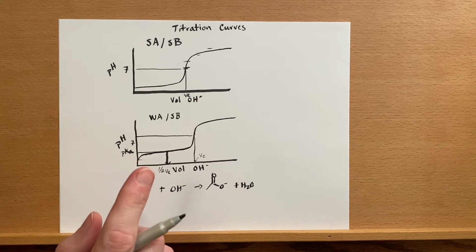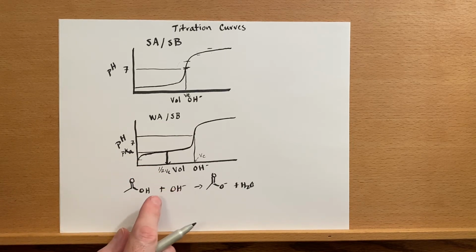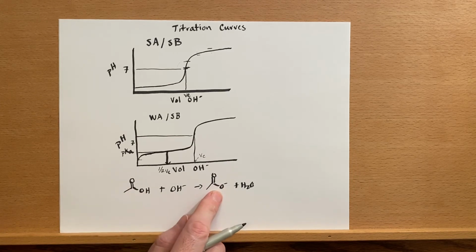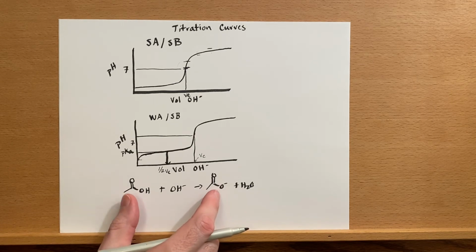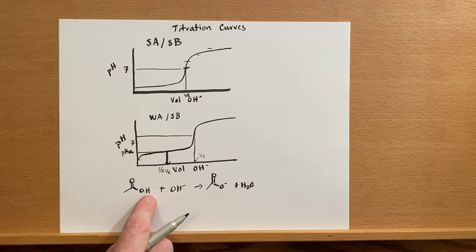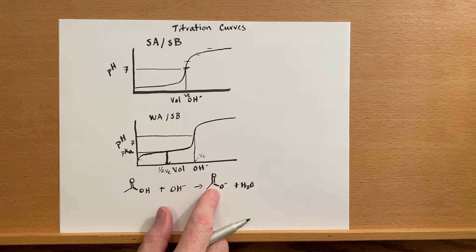Then, after we start adding some base in, there will be some weak acid and weak base in solution. That is exactly what a buffer is. So we'll have these two things in solution. This will go away because it will react with our acid right here to make some water and some of this.